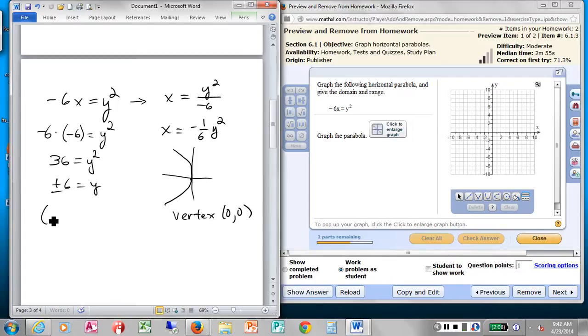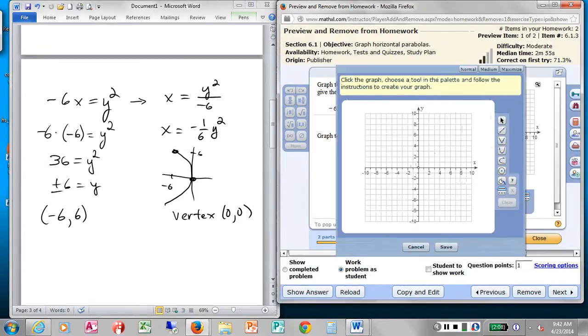And so what we've got for another point here is x is negative 6, and then the y is positive 6 or negative 6, either one. And so that's going to be our other point besides the vertex there on our graph.